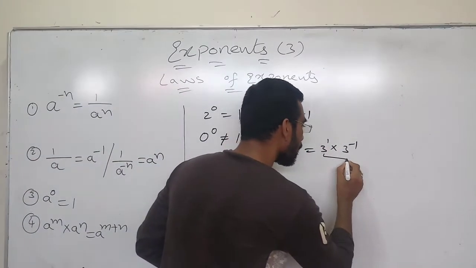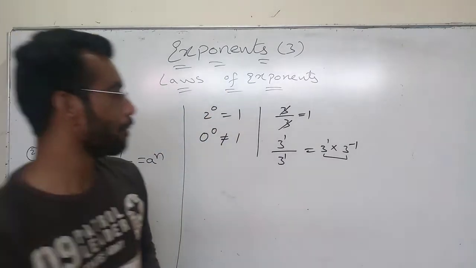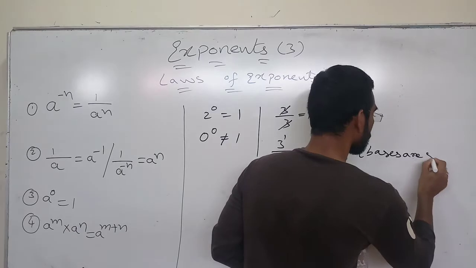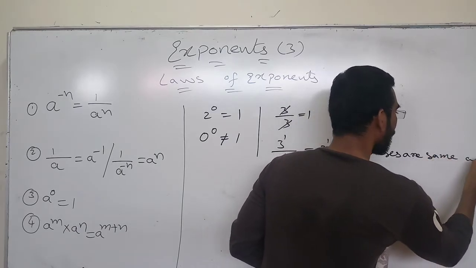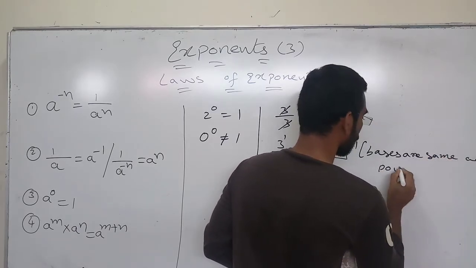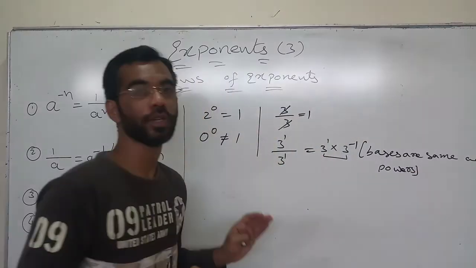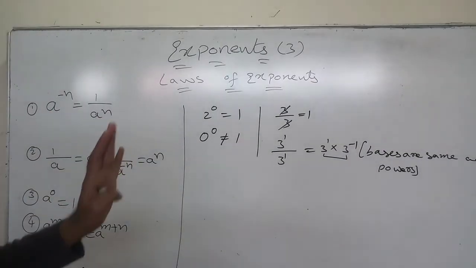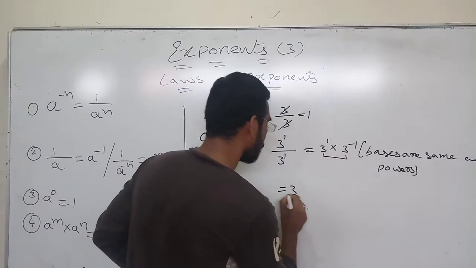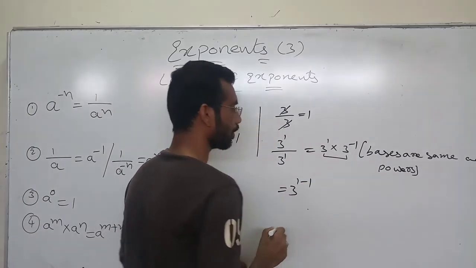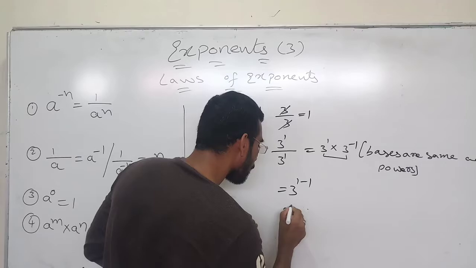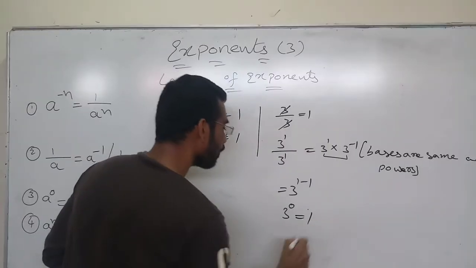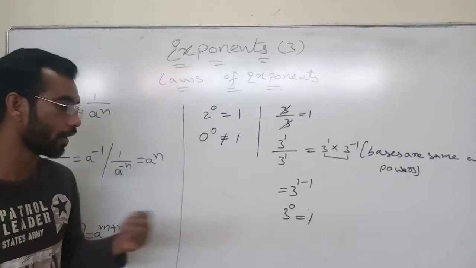Now, if the bases are the same, we should add the powers. So 3 power of 1 minus 1, that is 3 power of 0. Anything to the power of 0 is 1.